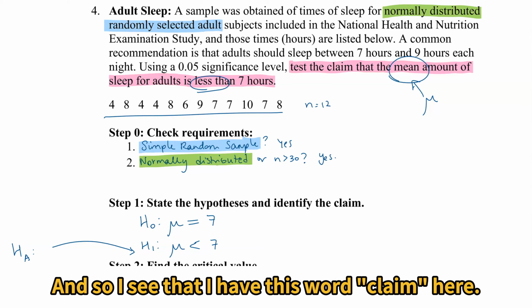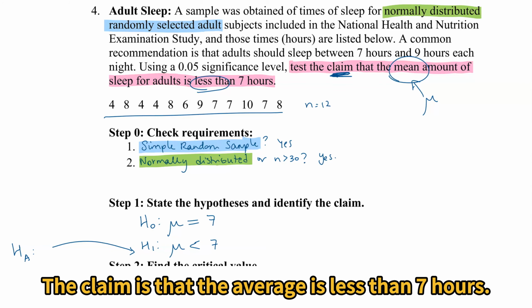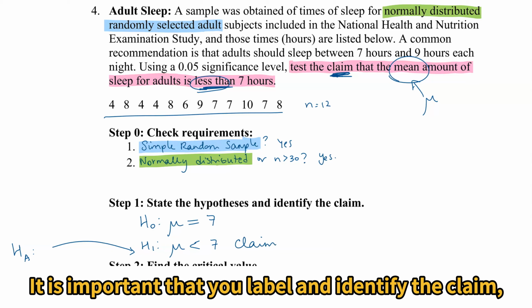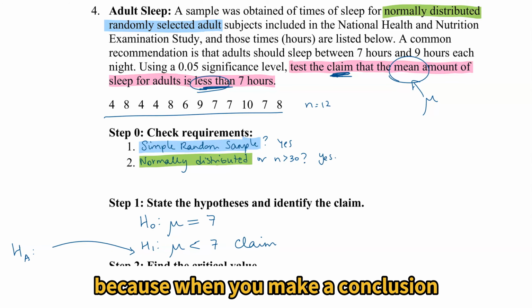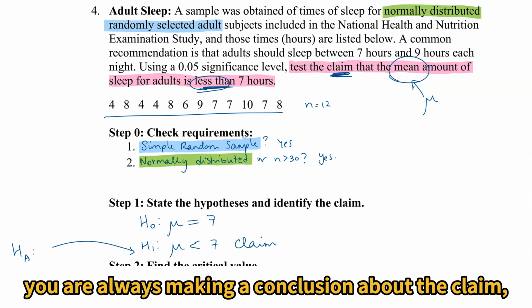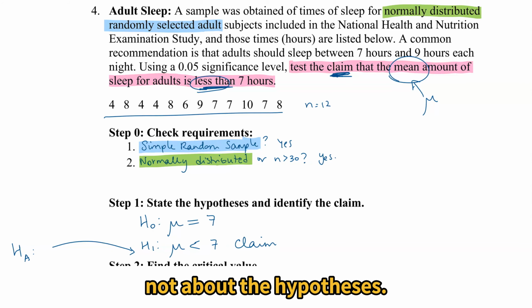And so I see that I have this word claim here. The claim is that the average is less than 7 hours. So I'm going to label my claim as the alternative. It is important that you label and identify the claim, because when you make a conclusion on a hypothesis test, you are always making a conclusion about the claim, not about the hypotheses.